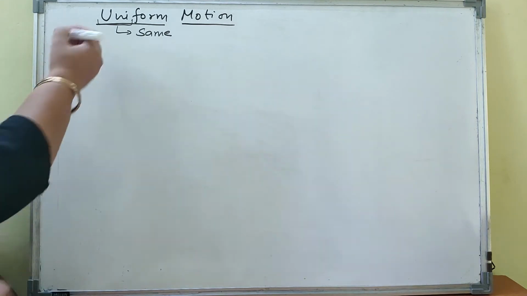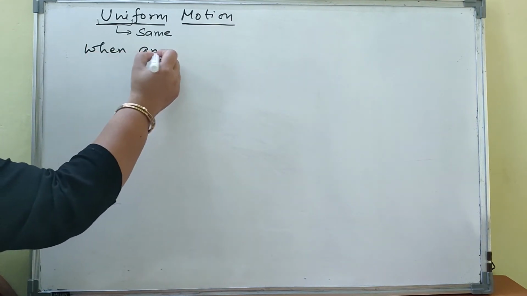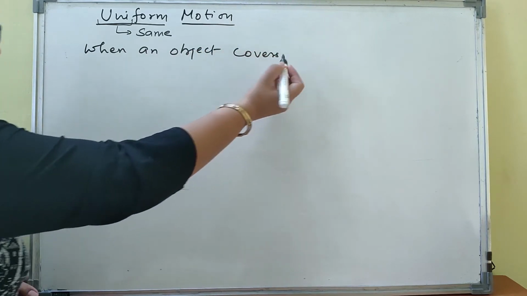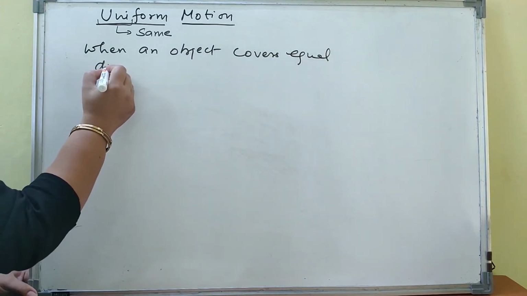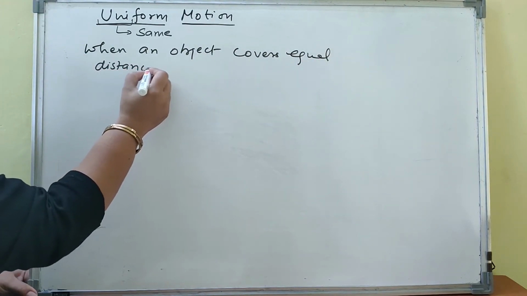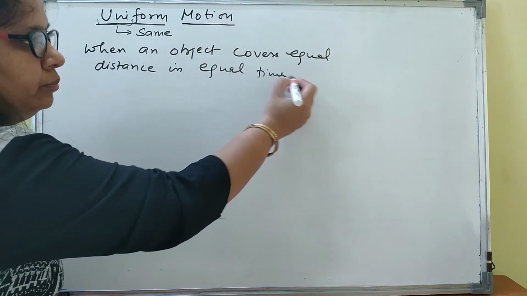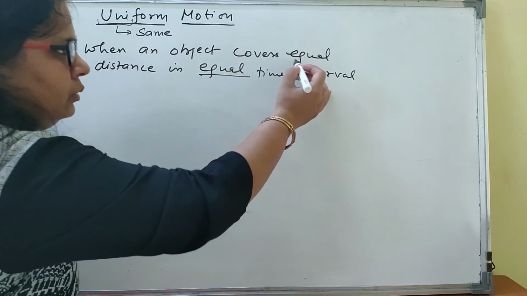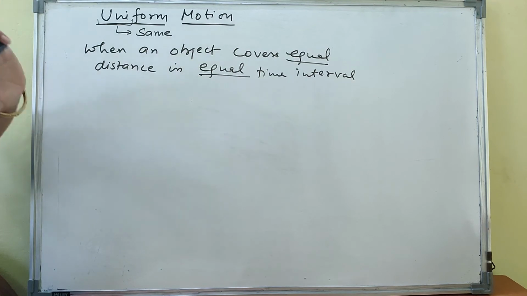Okay, the definition will be: when an object covers equal distance in equal time intervals, we say it is a uniform motion.